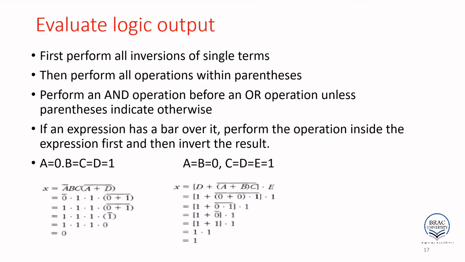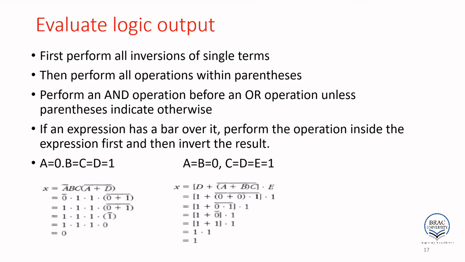The third step is to perform an AND operation before an OR operation unless parentheses indicate otherwise. So here you need to perform the AND operation first unless parentheses indicate otherwise. If you do the AND operation, as you have 0, it becomes 0.